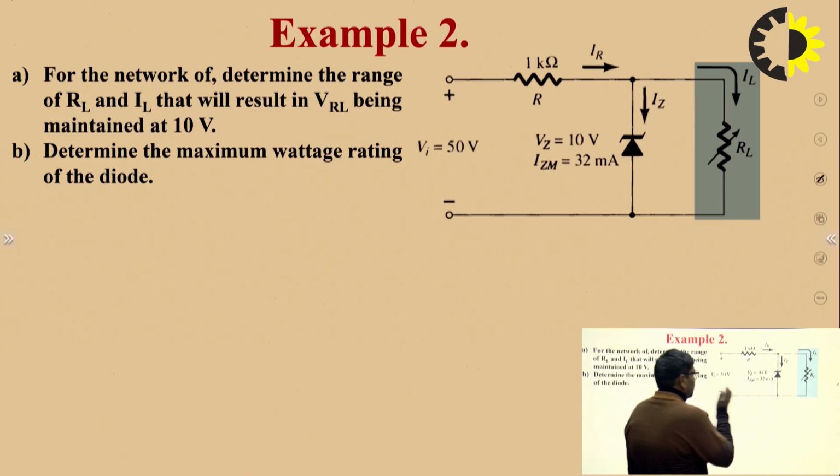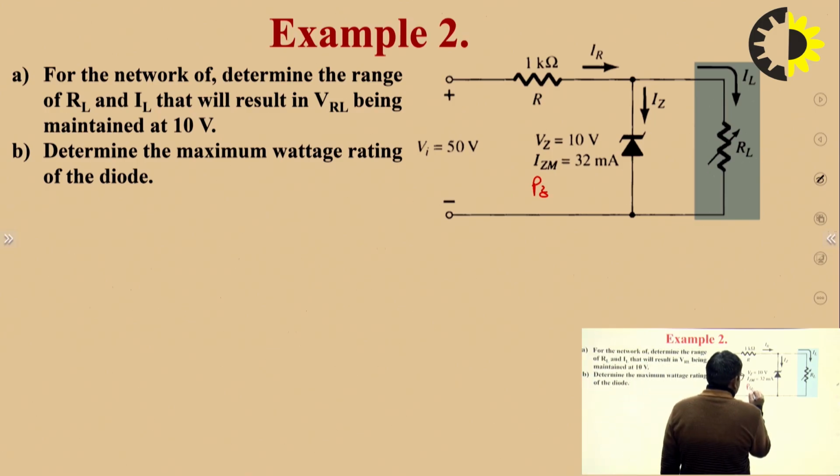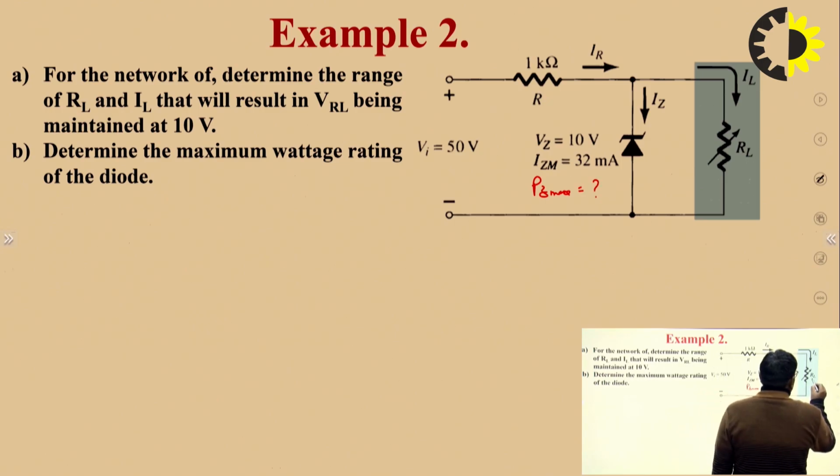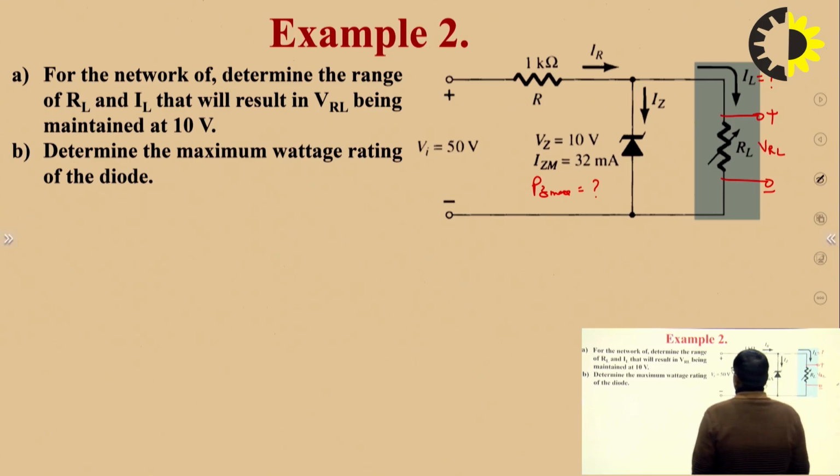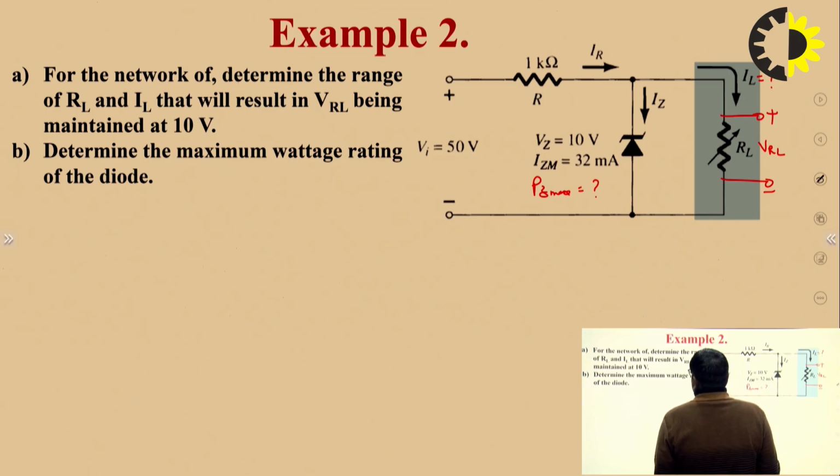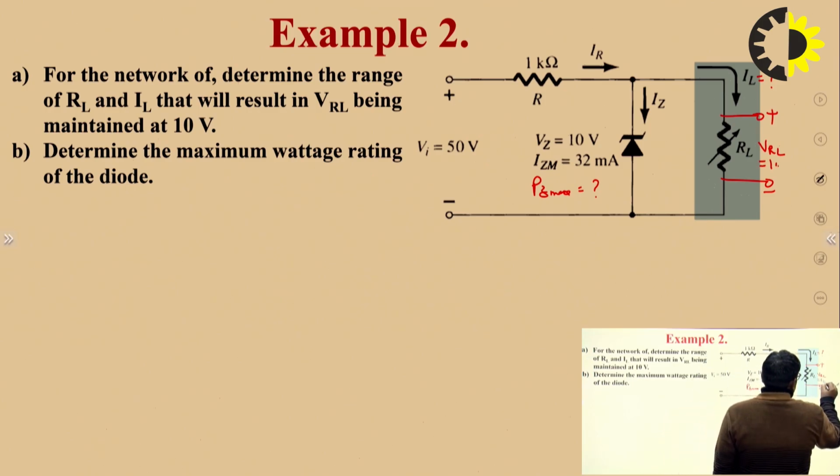So we also calculate the PZ maximum, and we calculate the IL, and see the value of RL minimum to maximum, which is fixed by VRL, and VRL is given as fixed at 10 volt, which is equal to the Zener voltage.